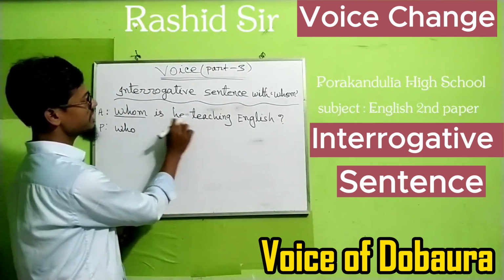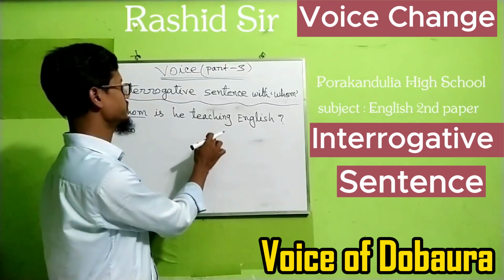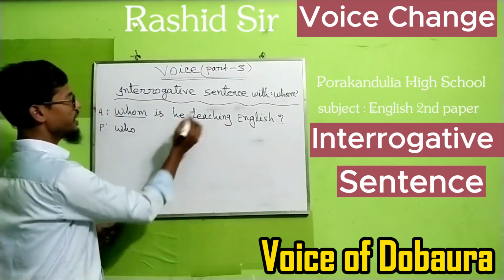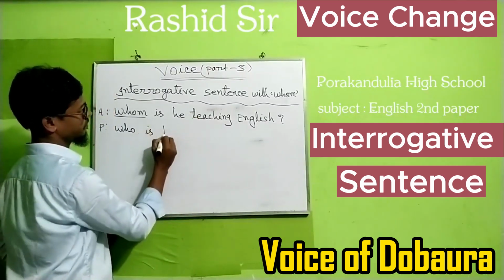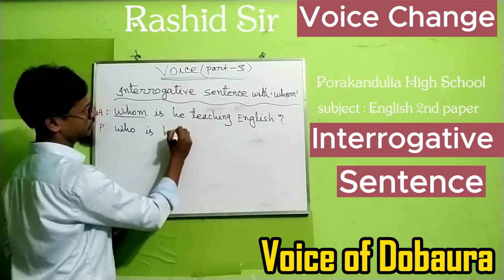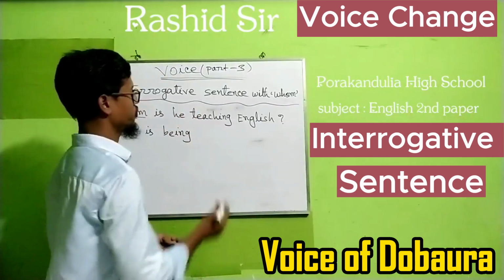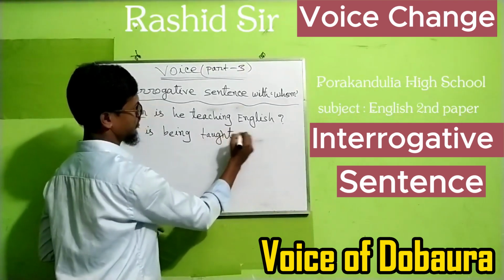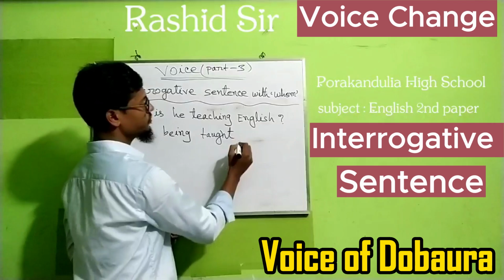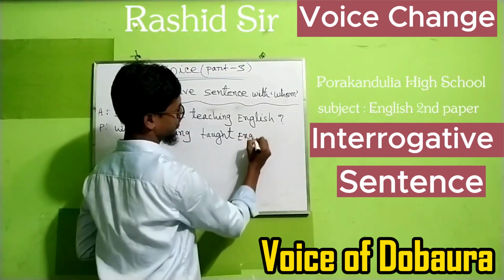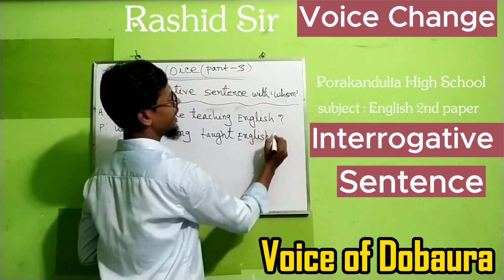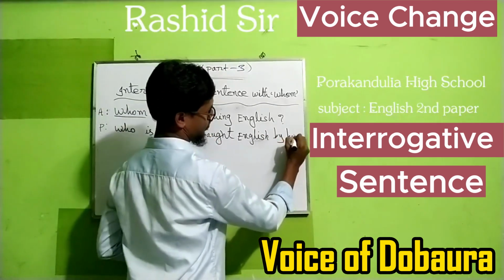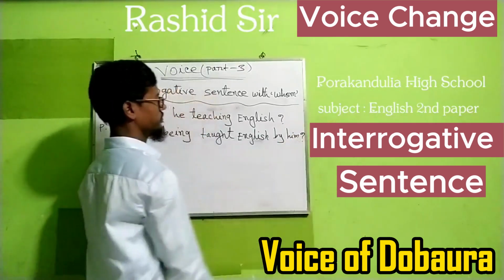Here this sentence is present continuous tense, that's why I have to take auxiliary verb am being, is being, are being. Is being. PP of main verb will be used. Teach, taught. English. By. Subject will be object. Question mark. That's okay.